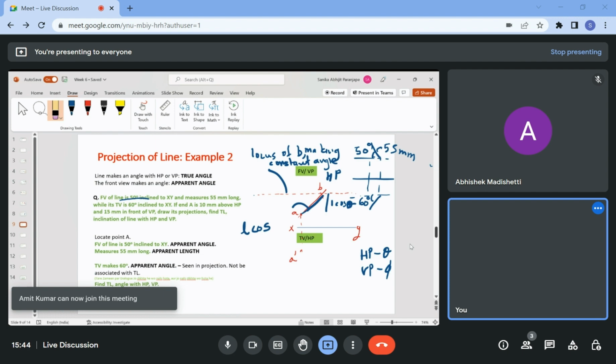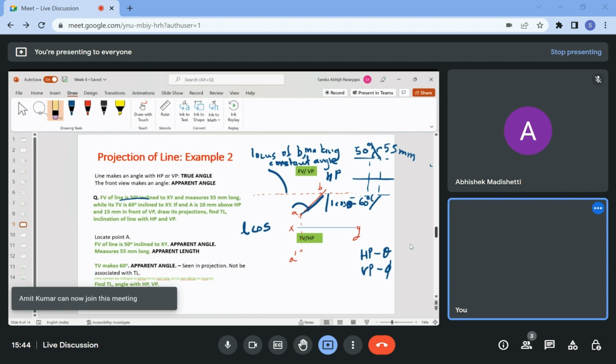So you have in total four here and four here. So four apparent variables that can be stated in the problem, and four true variables that can be given in the problem.